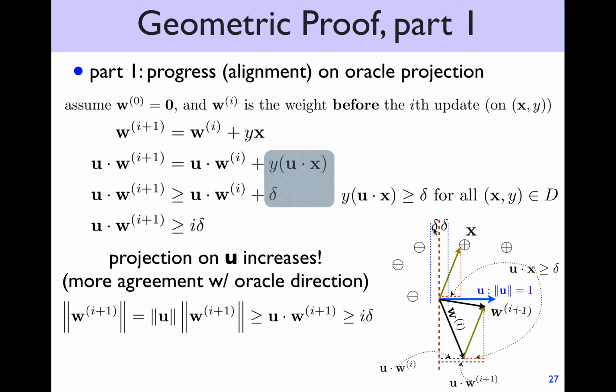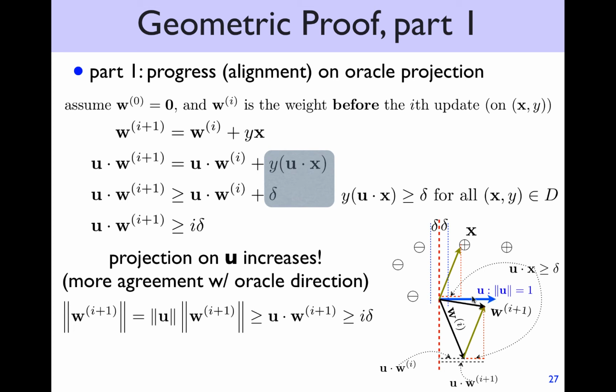Now, let's say these are the deltas, right? So every positive example must be at least delta away from the separating hyperplane, from the decision boundary, if we assume it's linearly separable by this unit oracle vector u. Let's assume this length is 1.